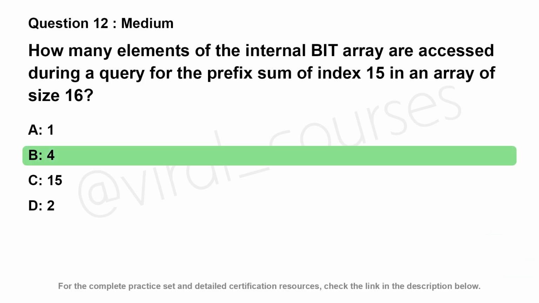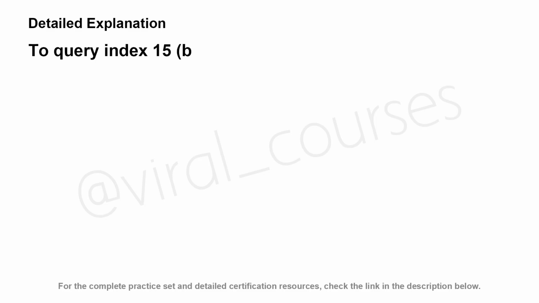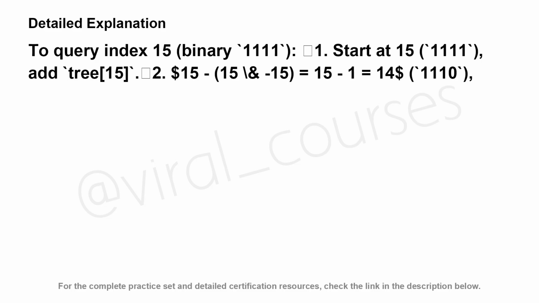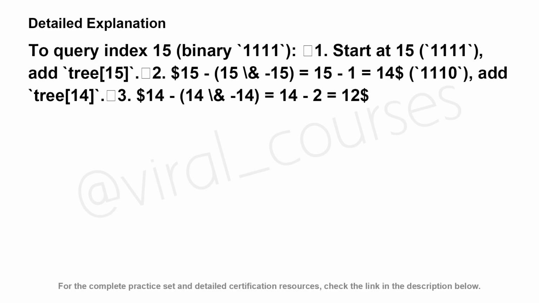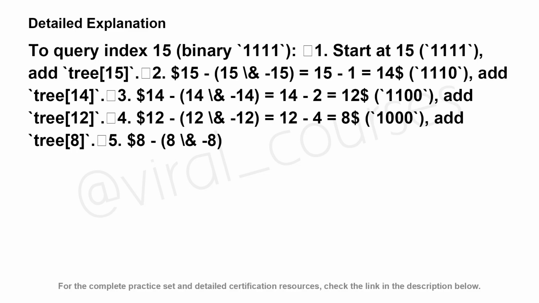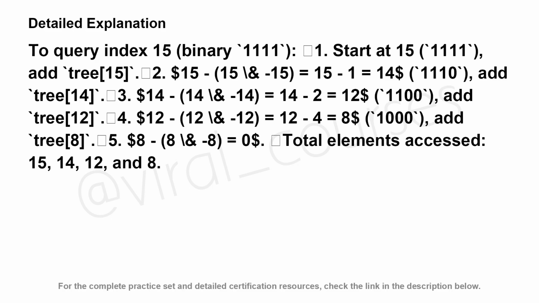The correct answer is B. To query index 15, binary 1111: Start at 15, 1111, add tree[15]. Then 15 minus the LSB of 15, which is 1, equals 14, 1110, add tree[14]. Then 14 minus 2 equals 12, 1100, add tree[12]. Then 12 minus 4 equals 8, 1000, add tree[8]. Then 8 minus 8 equals 0.